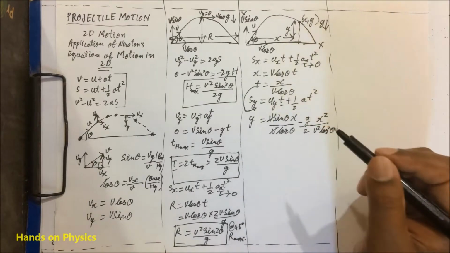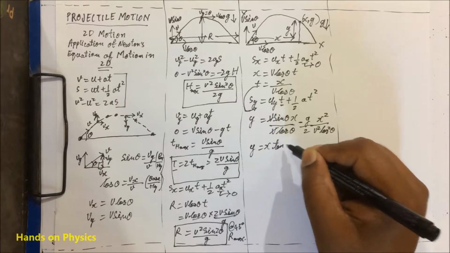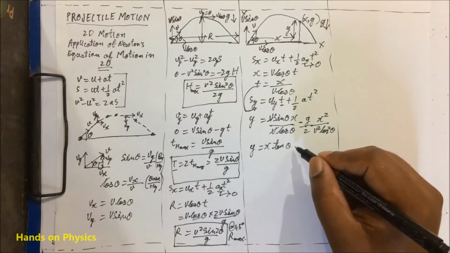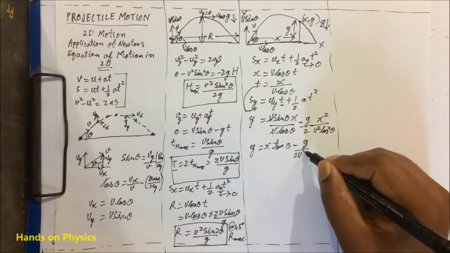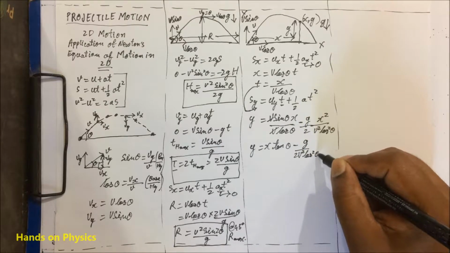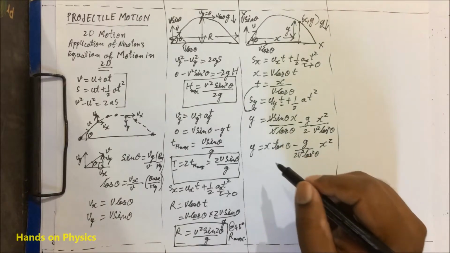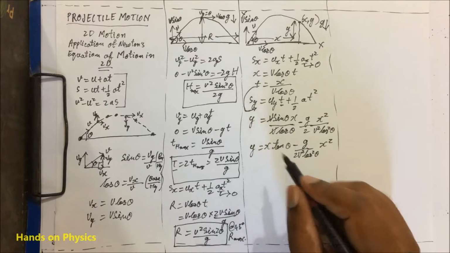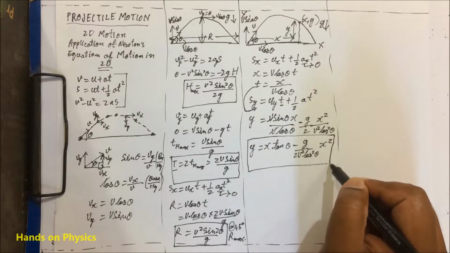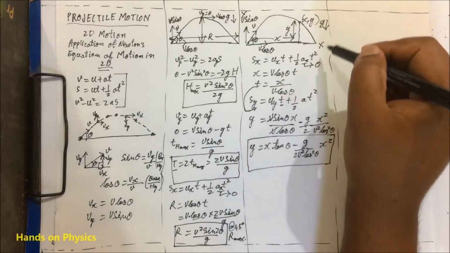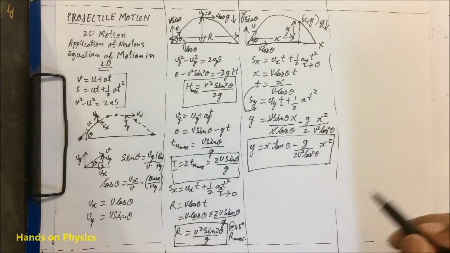So the v and v will get cancelled, and we'll get y is equal to x times sine theta by cos theta as tan theta, minus g over 2 v square cos square theta times x square. So this is the relation between the x and the y of a projectile system, or the distance and the height of a projectile system.